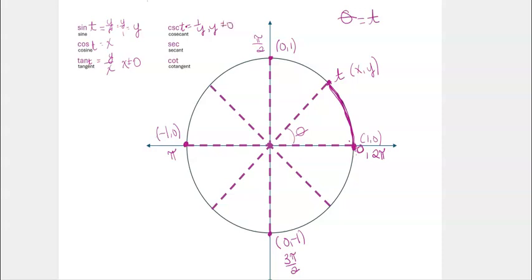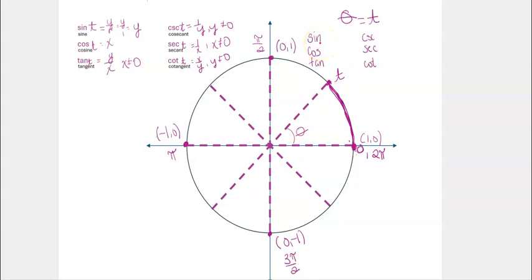And the secant of t is the inverse of the cosine of t, which is equivalent to 1 over x, again, where x cannot equal 0 because you cannot have 0 on the denominator. And then the cotangent of t is equivalent to x divided by y, where in this case y cannot equal 0.